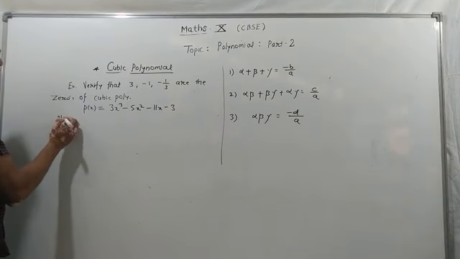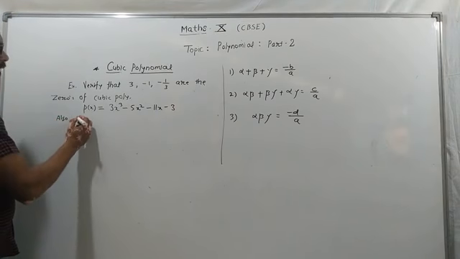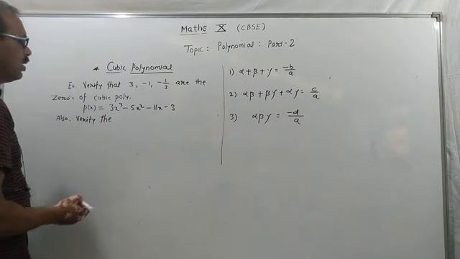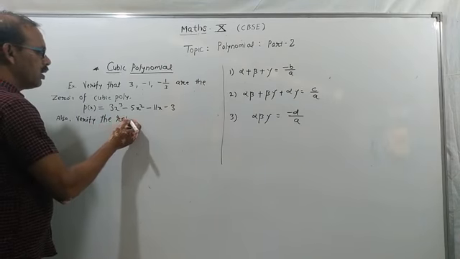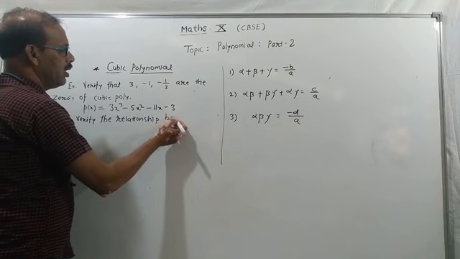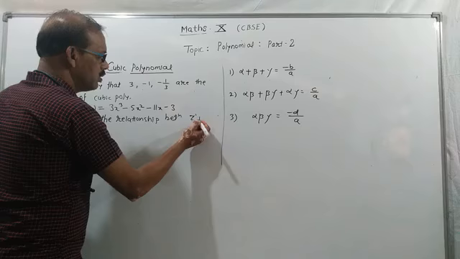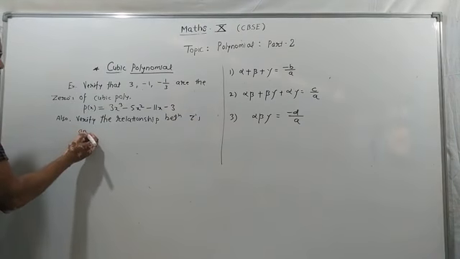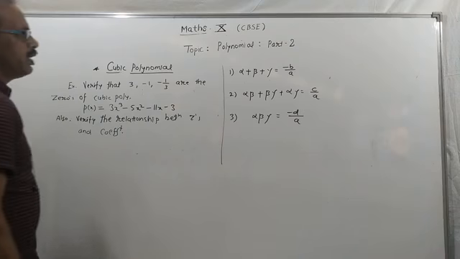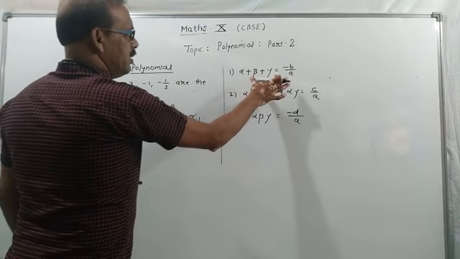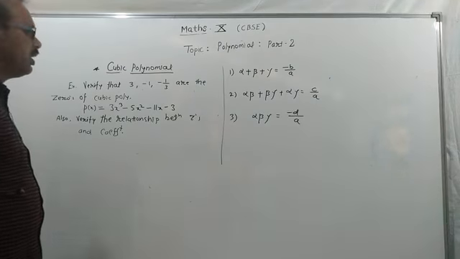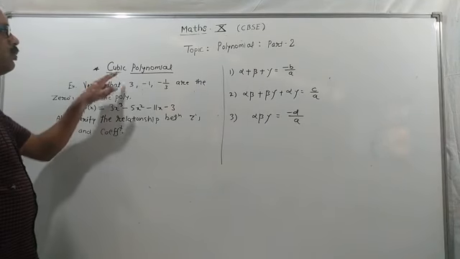Also verify the relationship between zeros and coefficients. Means we have to verify these three relationships between zeros and coefficients. Clear? So this is the question based on cubic polynomial.